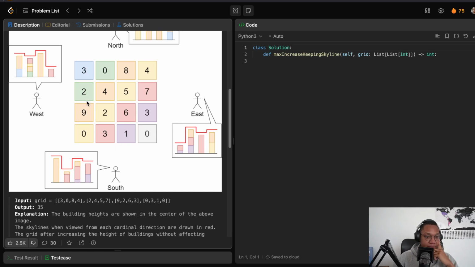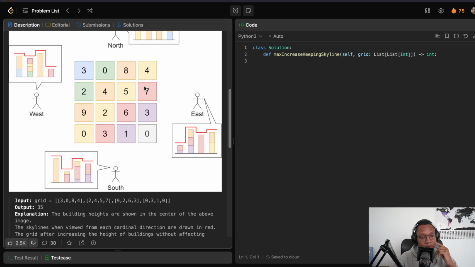But it's fine as long as you don't break the maximum. The maximum this row is 9. The max is this one's 4. So you can't touch this one. You can't touch this one. You can't touch this one. So 9, 4, 8. And then you can't touch 7.